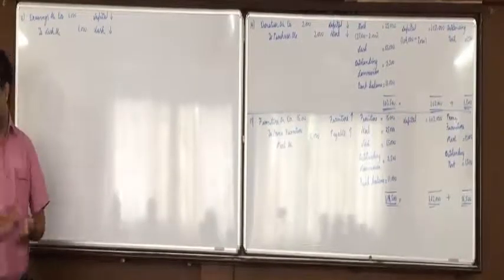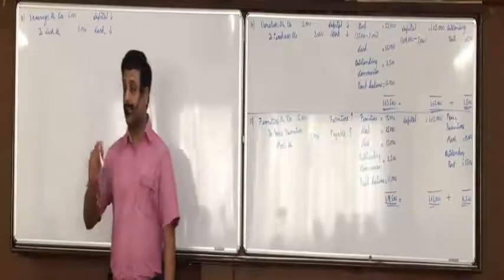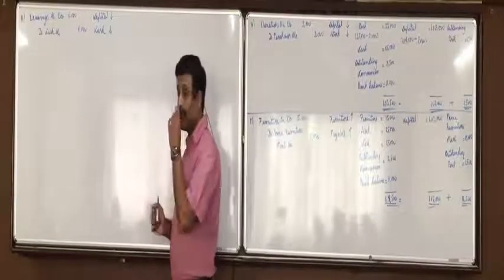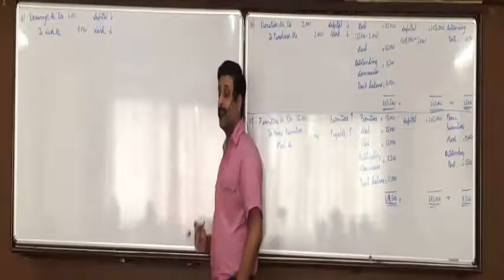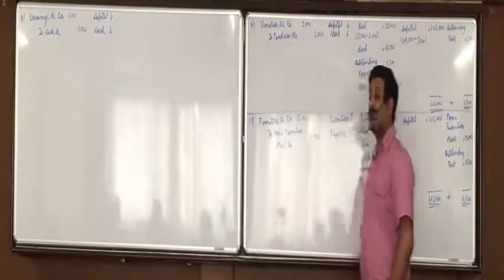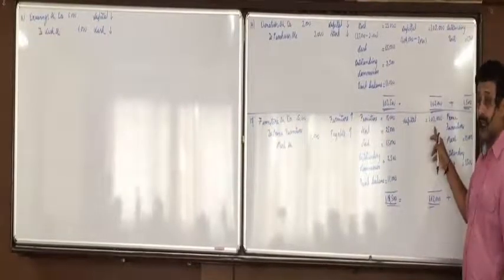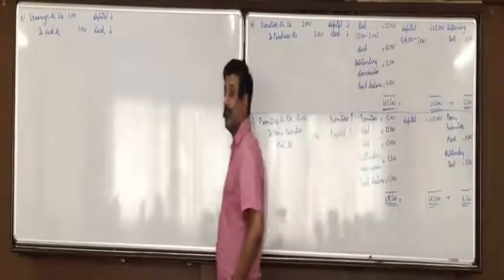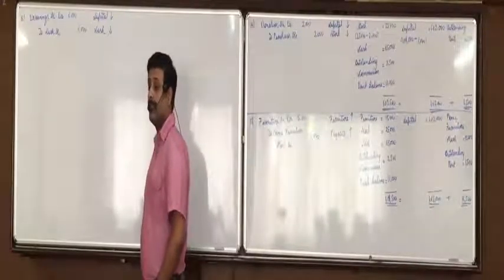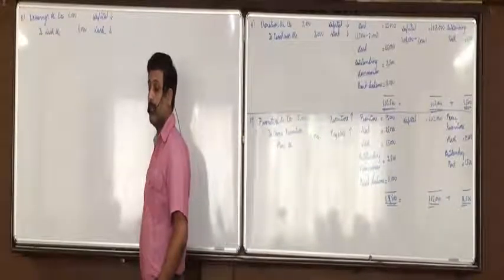Now, Purvi, what will be the amount of drawings? Gupta, what will be the amount of capital? What is the capital earlier? 1,02,000. So now? 1,08,000.